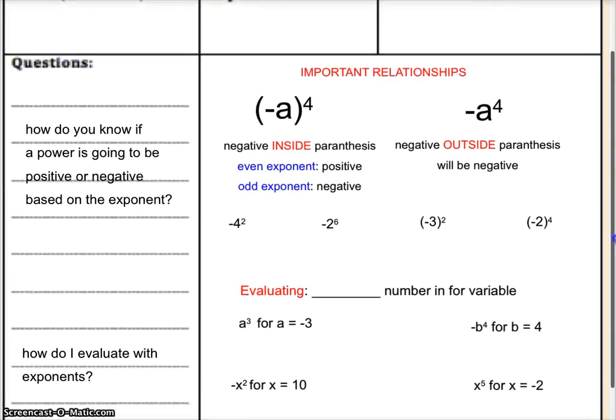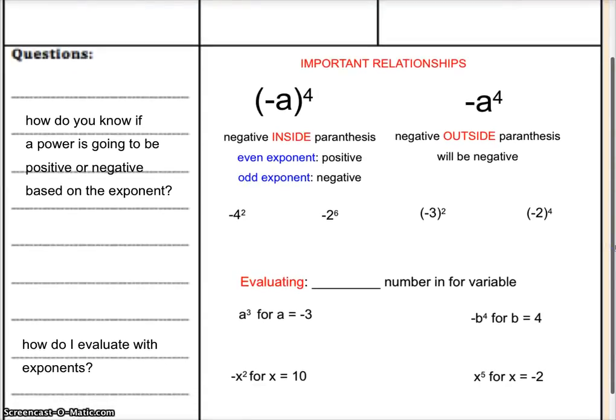Important relationships. You need to be able to identify if something is going to be positive or negative. And these are the rules. You have two situations. If the negative is inside parentheses, and your exponent is an even amount, it'll be positive. Why that works is because two negatives turn to positive.